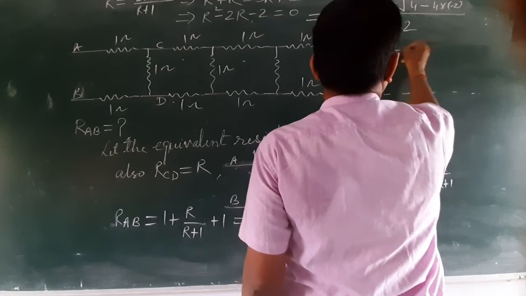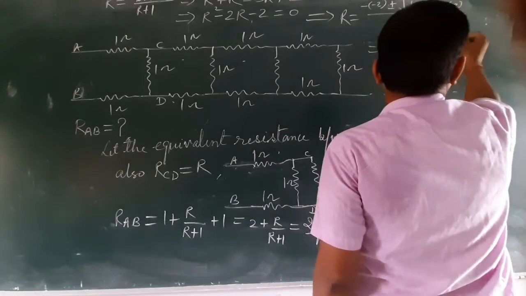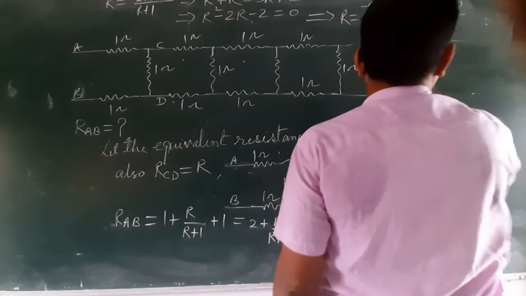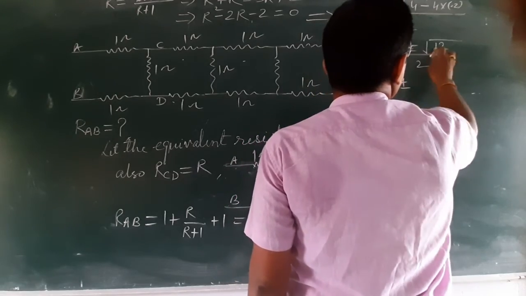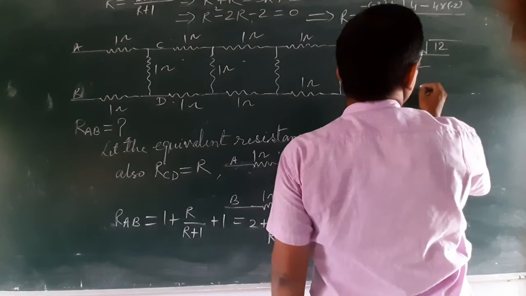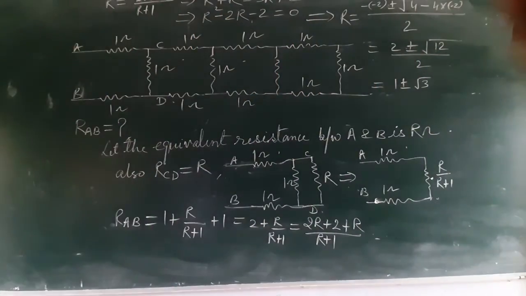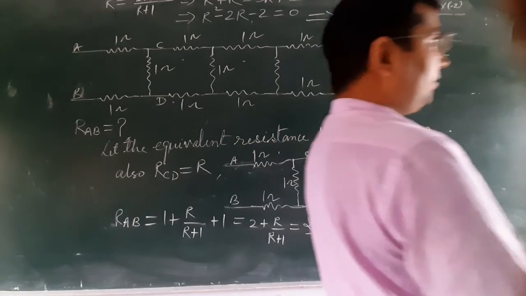So this will be 2 plus minus under root 4 plus 8, that will be 12 upon 2. And this will be 1 plus minus root 3. Means there are two values of resistance, 1 plus root 3 and 1 minus root 3.